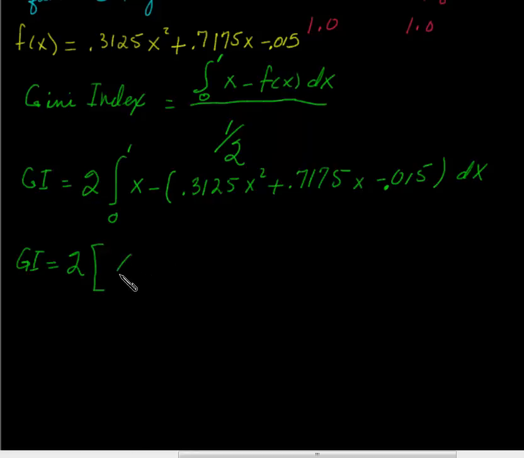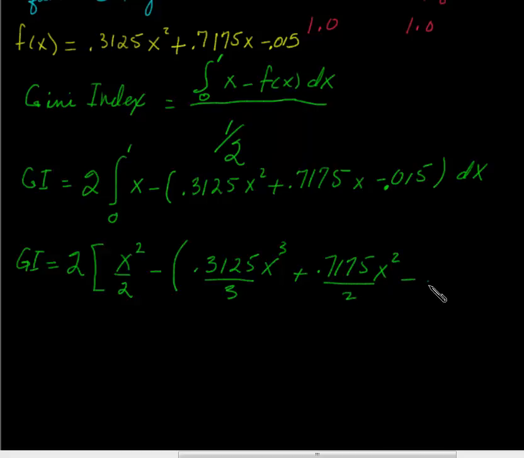So when I evaluate the integral, I will have an x squared over 2, and I don't want to lose sight of this parentheses that's preceded by a negative, so I'm just going to stick it out there and go ahead and integrate in here. 0.3125 x cubed over 3 plus 0.7175 x squared over 2 minus 0.015 x.